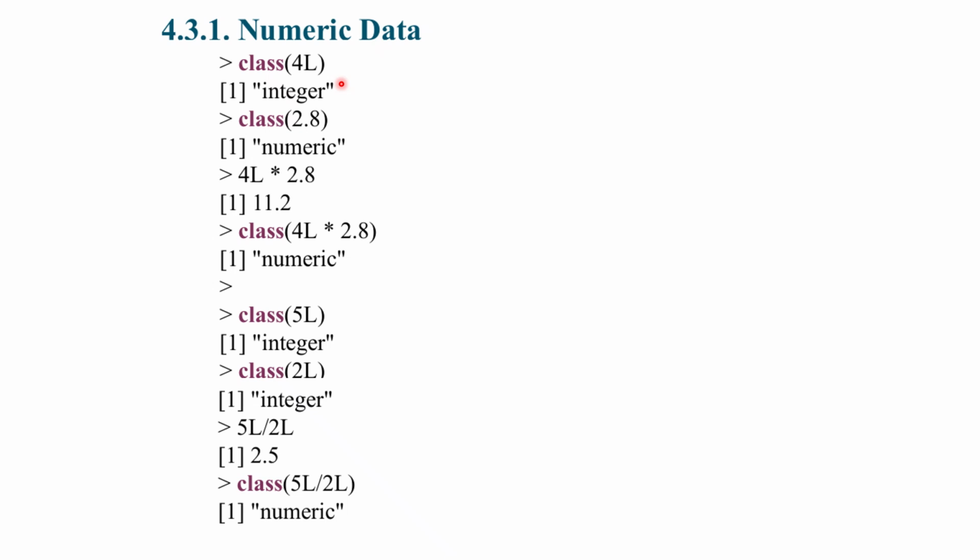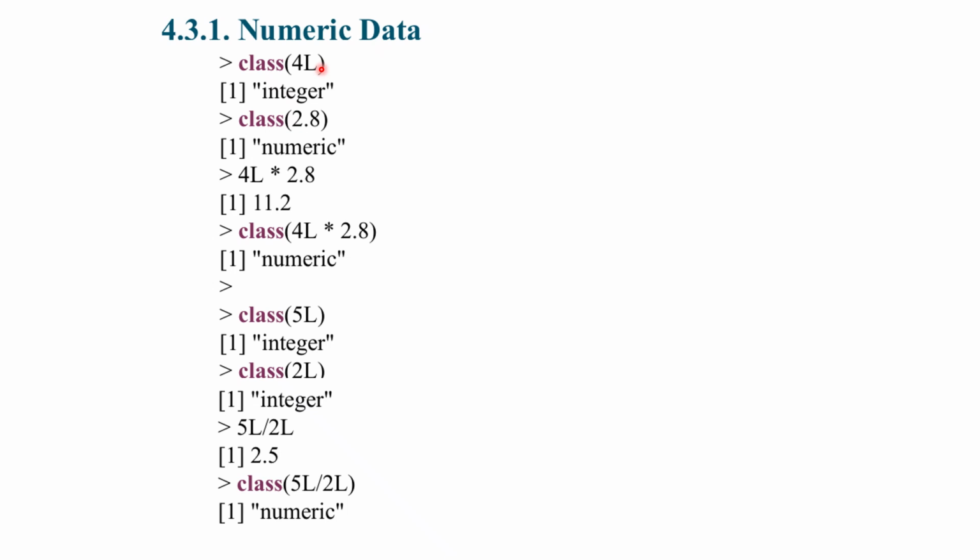For using the integer value, here is the first example for checking the type of the value. So 4 is an integer value, and for an integer value we have to use L along with the number.